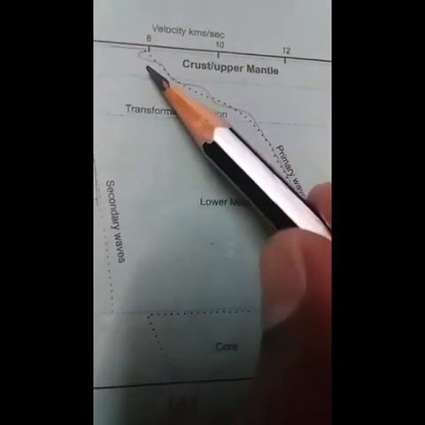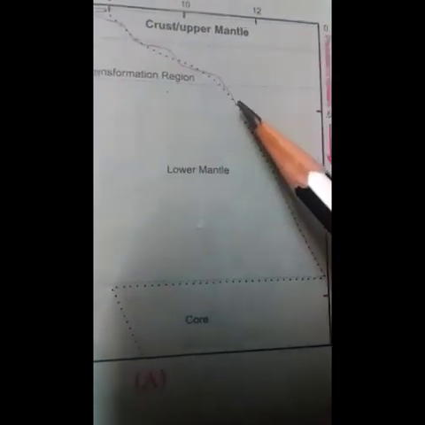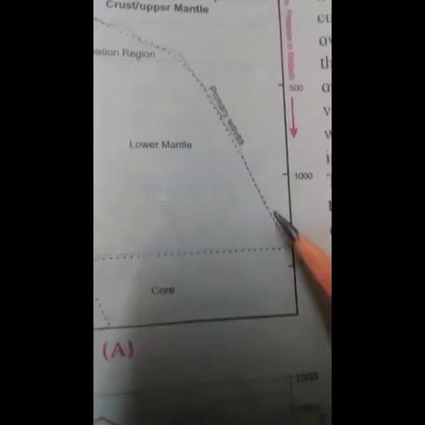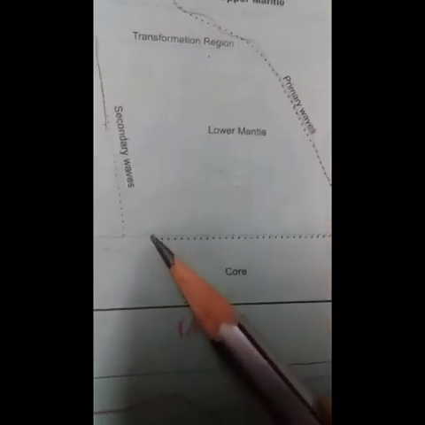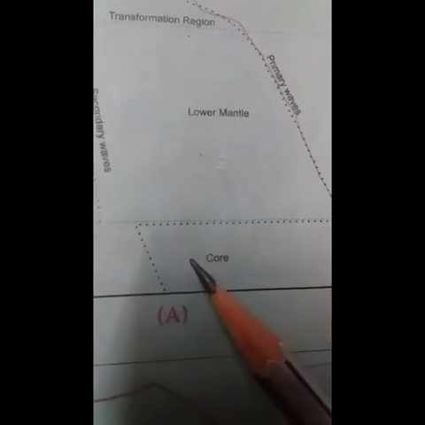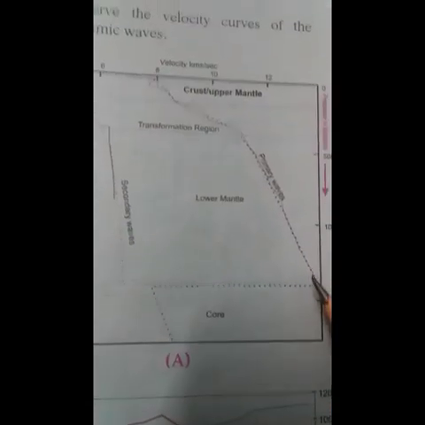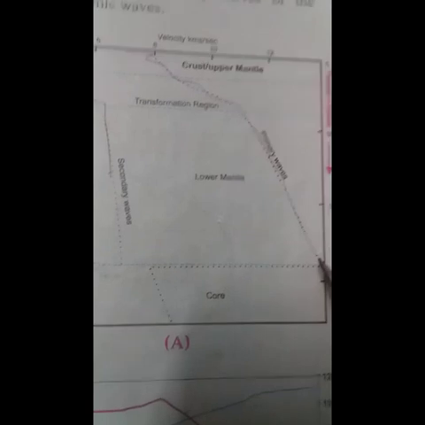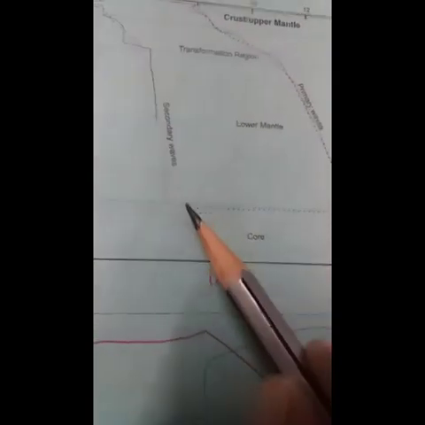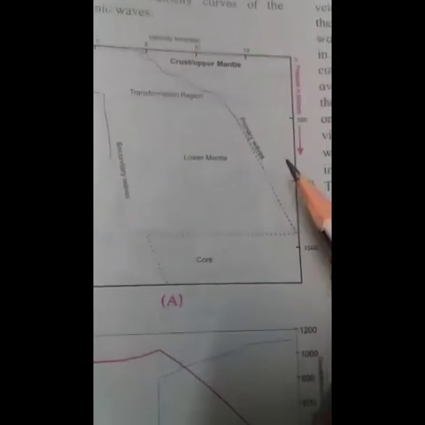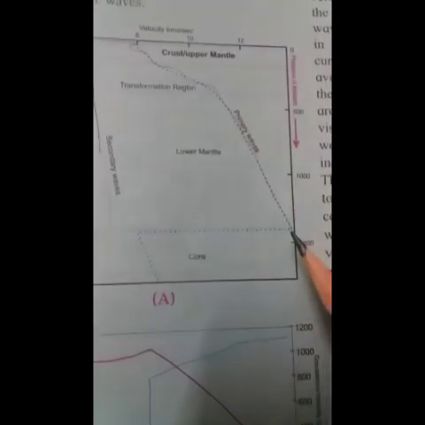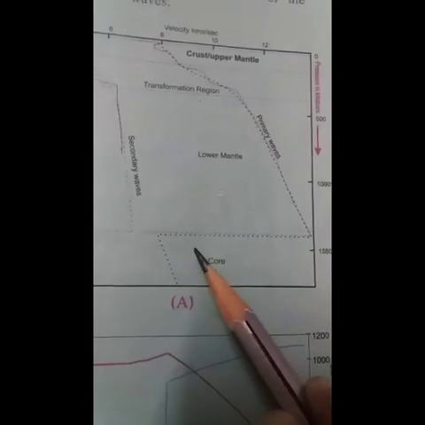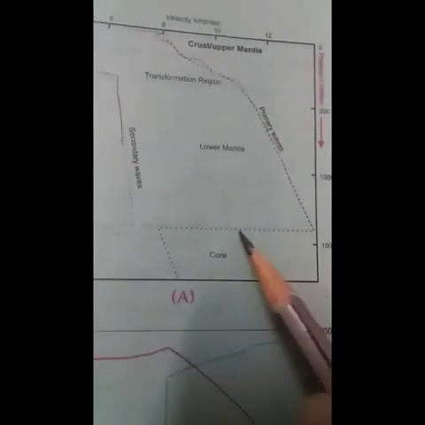And look at this curve of primary waves. Primary waves can travel through the core, but their speed reduces when passing through this layer. Look at this speed. The speed of primary waves near the boundary of core reduces.